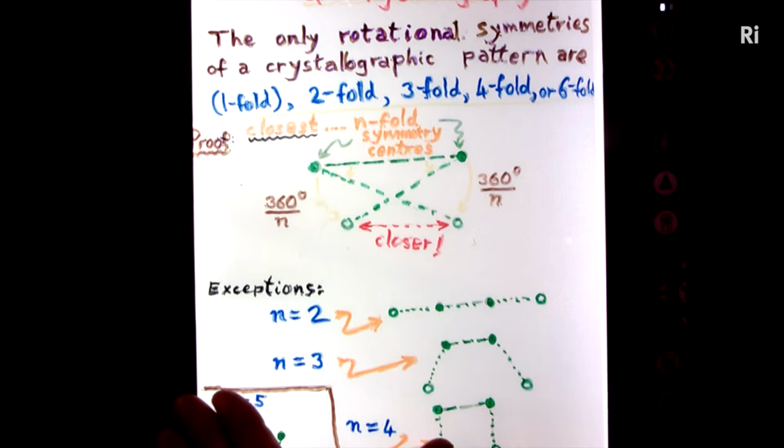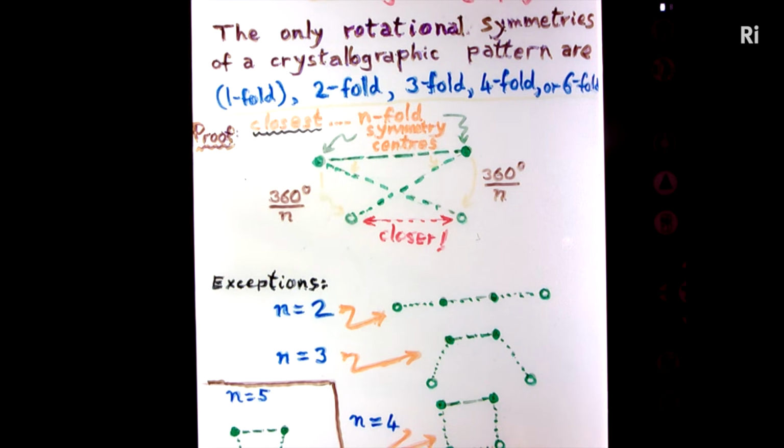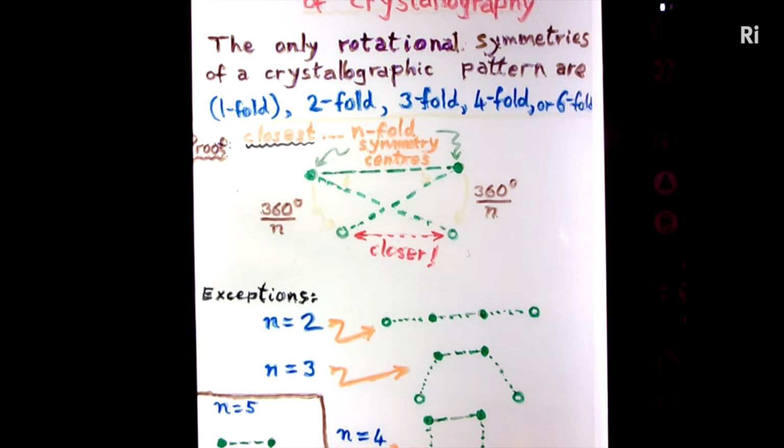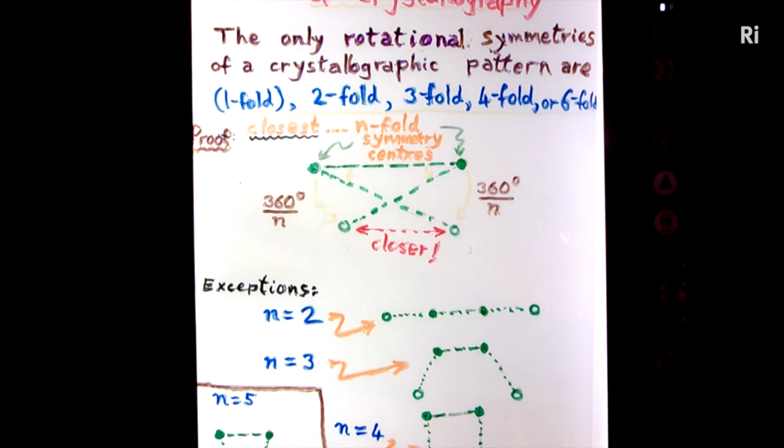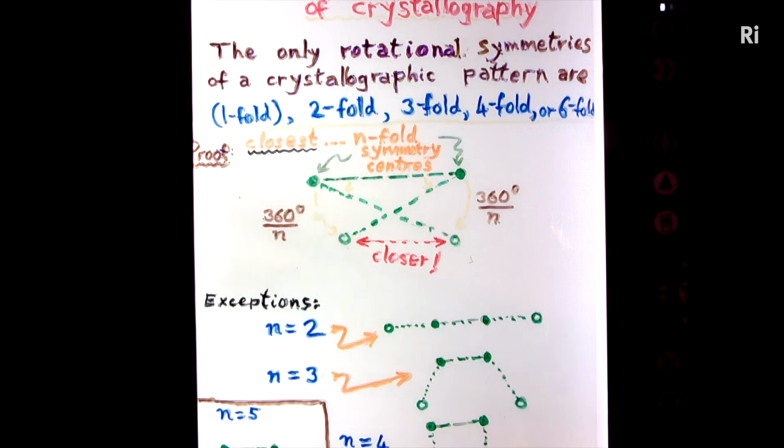Suppose you have a pattern of points or something which isn't like a fractal, so they're discrete and have sort of finite minimum distances between points. And that pattern has a translational symmetry, so you can slide it along and it goes into itself, but also a rotational symmetry, so you rotate through 360 degrees over n, where n is your degree of symmetry, and the pattern goes into itself.